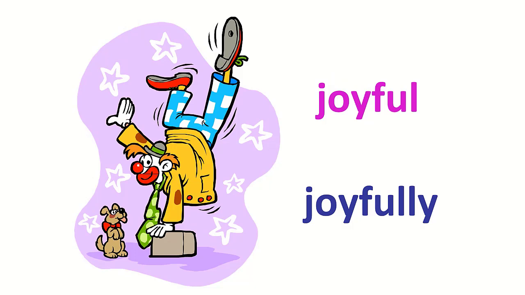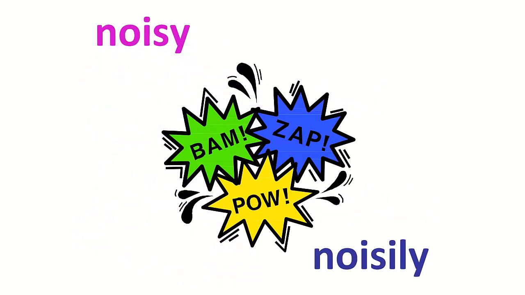Then joyful. Someone who's very joyful is happy, so he is so joyful today, so he is behaving joyfully. Then noisy. This class is noisy, so the boys are speaking noisily. Again, with the y, we changed the y into i here.